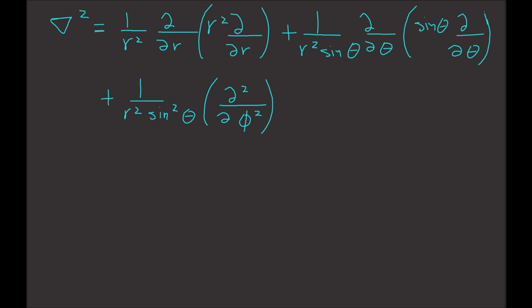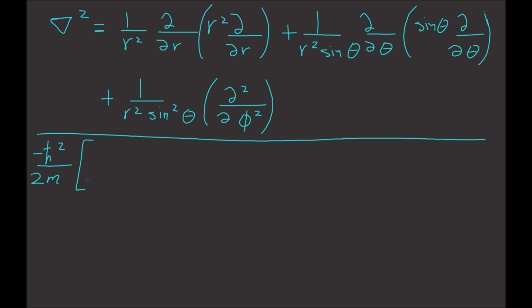So in spherical coordinates, our Schrodinger equation reads: minus h bar squared divided by 2m times the Laplacian in spherical coordinates. So just take this Laplacian. This is a function of r, theta, and phi.